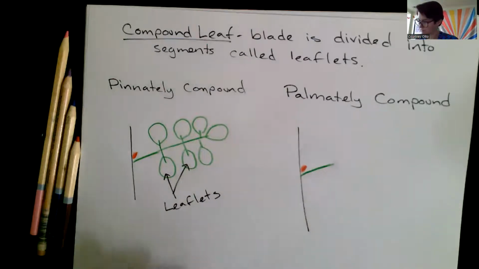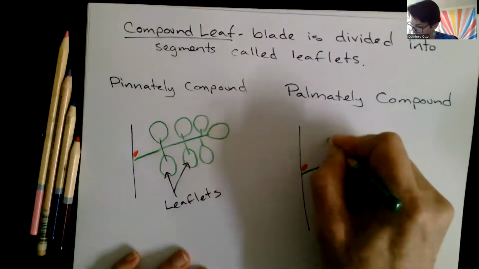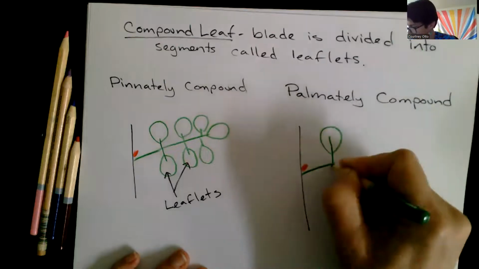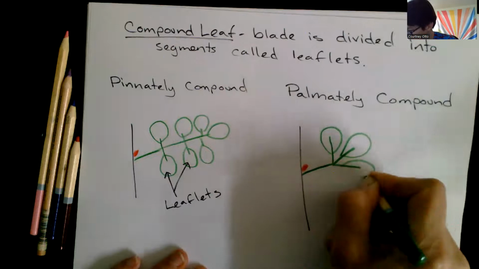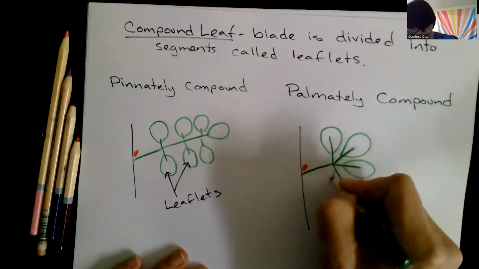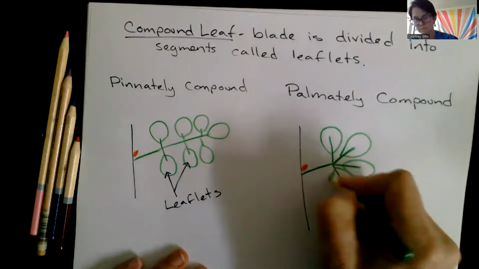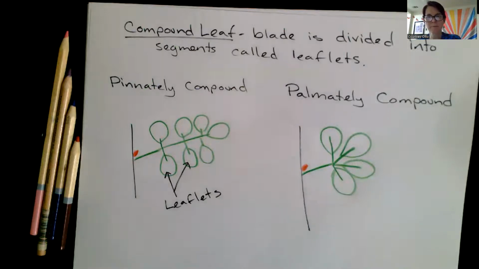There's that petiole. But all my leaflets are going to be radiating out from a single point. And it's something like a Himalayan blackberry, if you're familiar with those. So that's one way we can categorize leaves, the way we can really learn about their diversity.